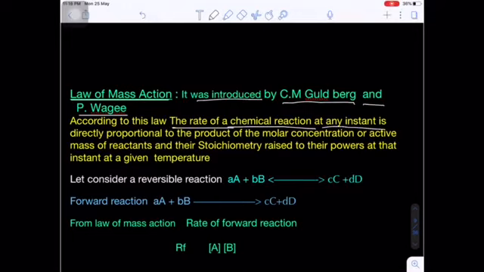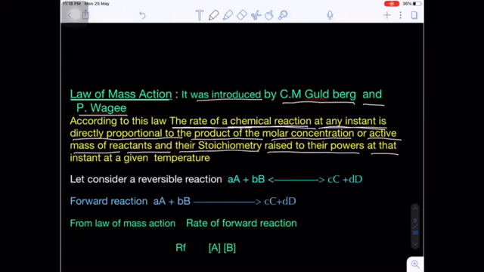Now, the rate of a chemical reaction at any instant is directly proportional to the product of the molar concentration or active mass of the reactants and their stoichiometry raised to their powers at that instant at a given temperature, isn't it?